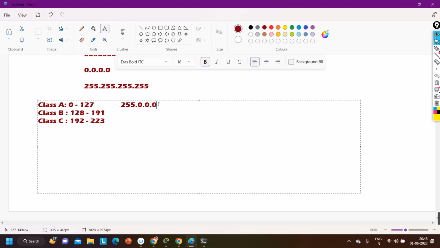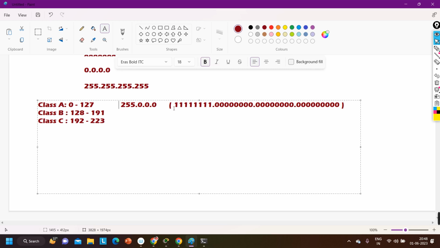If you convert this subnet mask into binary, the binary will be this: 8 ones, dot, 8 times 0, again 8 times 0, and one more field that is all 0. This is the subnet mask in binary.